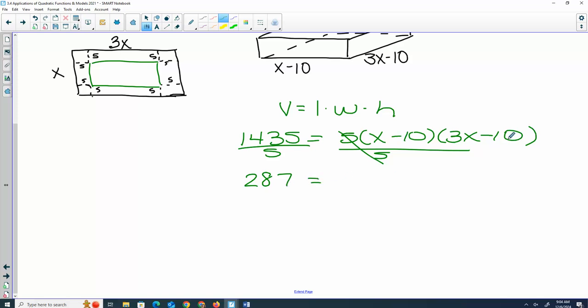What do I have to do with my x minus 10 and my 3x minus 10? So we get 3x squared minus 10x minus 30x plus 100. Set it equal to 0, combine all of our like terms.